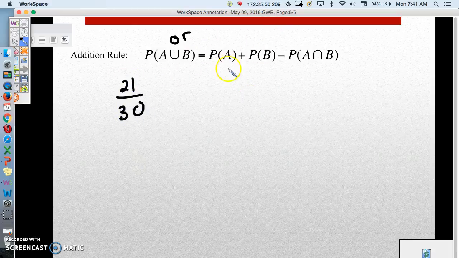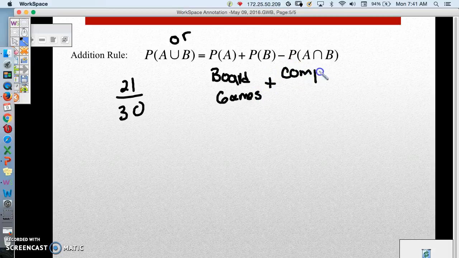What they're telling us here is we'd take our board games plus our computer games minus that intersection of them.